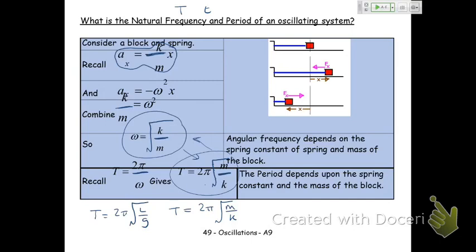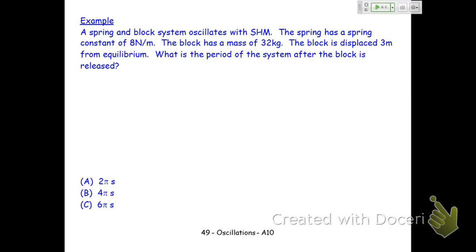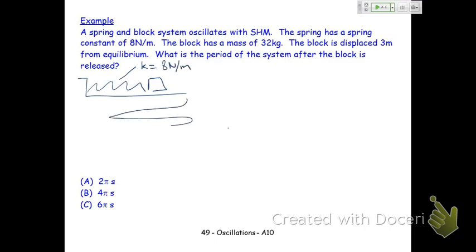How am I doing for time? Not so bad. A spring and block system oscillates with simple harmonic motion. The spring has a spring constant. So here's my spring and block system. This is k equal to 8 newtons per meter. It oscillates with simple harmonic motion.